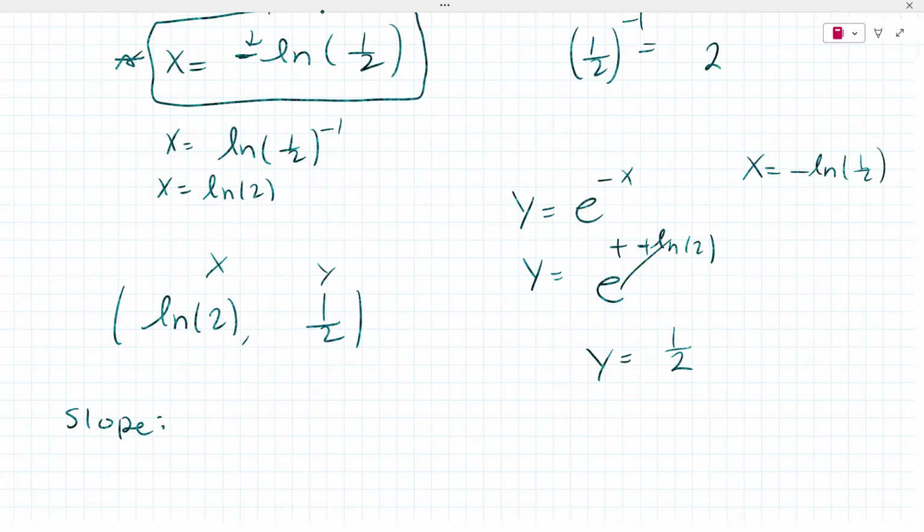So slope is going to be, y equals negative e to the negative x. And then you just replace your x with ln of 2, right? Or you could use negative ln of 1/2. Either way works.